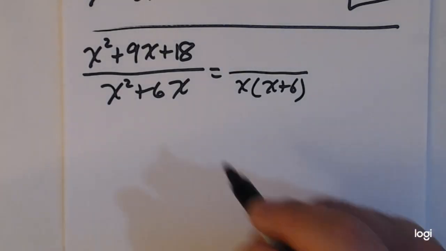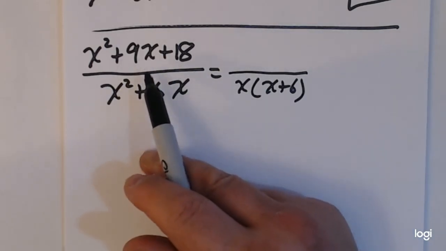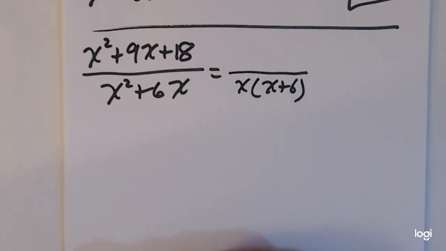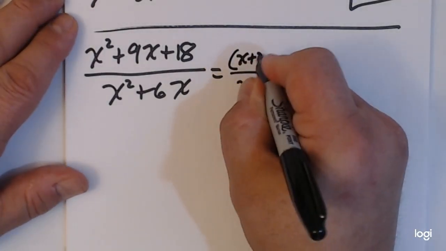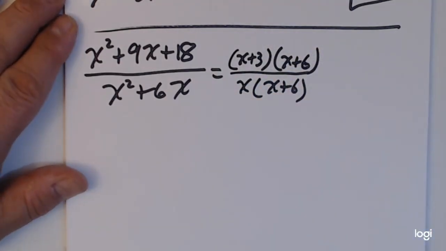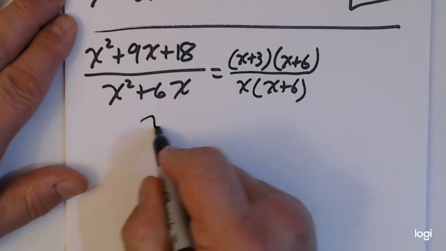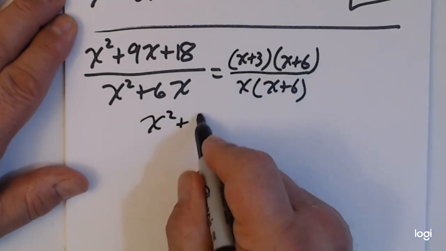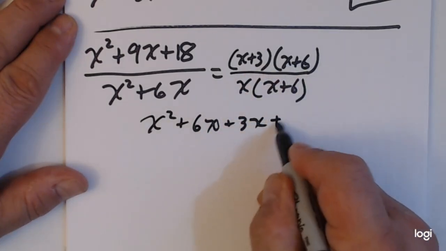In the numerator, we need two numbers. When they multiply together, they give us 18, and when we sum them, they give us 9. I think, again, that's pretty obvious that it's going to be 6 and 3. So we have x plus 3 times x plus 6. So x times x is x squared, x times 6 is 6x. 3 times x is 3x. 3 times 6 is 18.